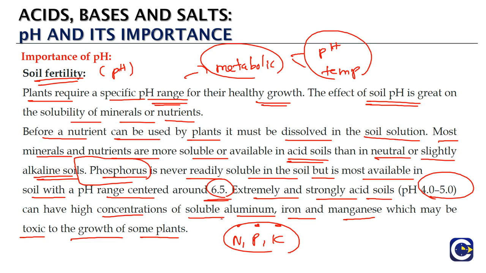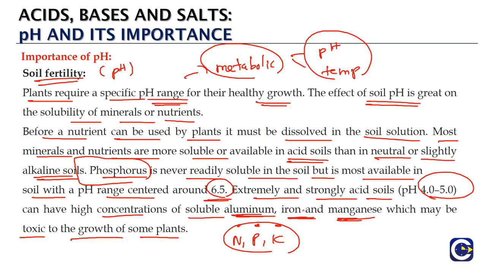But if the pH value becomes very low and gets into the range of strongly acidic solution, then it can cause problems, like the aluminum, iron and manganese, which are toxic to plant growth. They might get absorbed by the plants because they will be available in that particular concentration range.